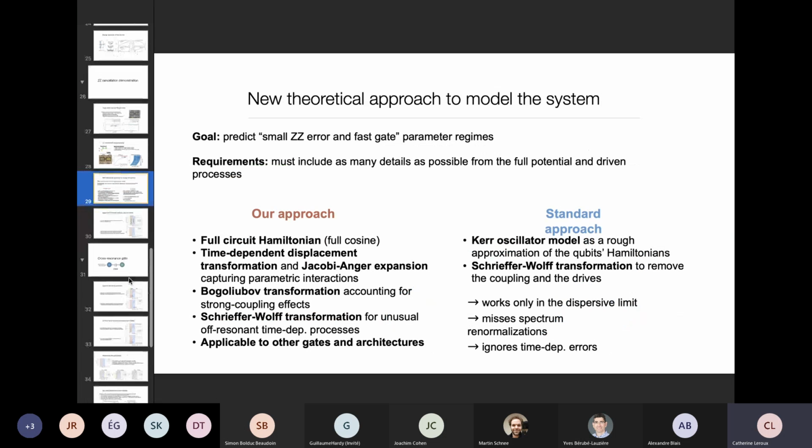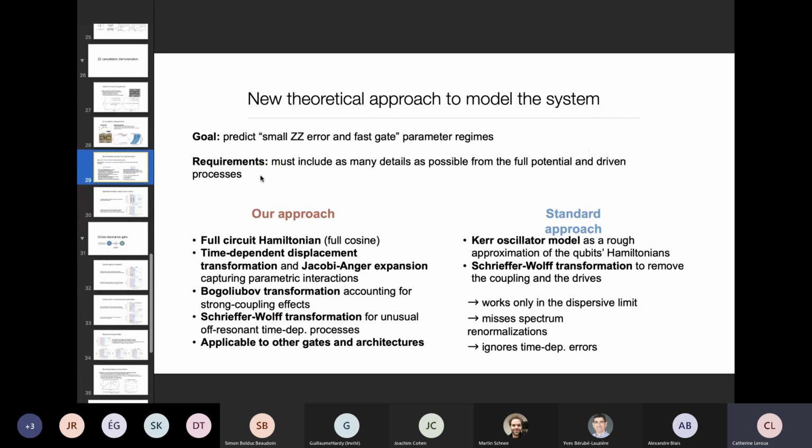All right. Another part of this project was to develop a much more complete theory to capture all the realizations of the system, to be able to understand how to operate the gates and so on. We really wanted to find a way to predict small ZZ and fast gate parameter regimes, but with as much precision as possible.